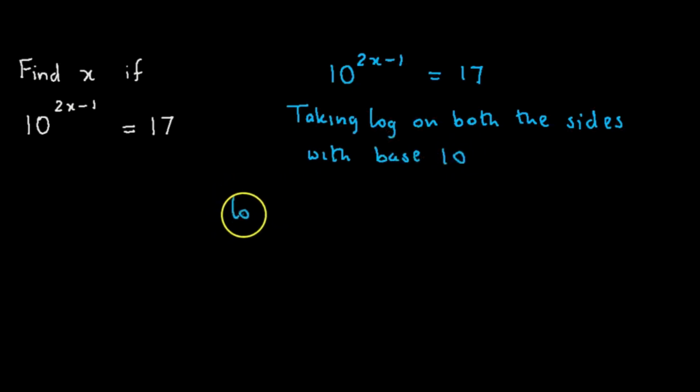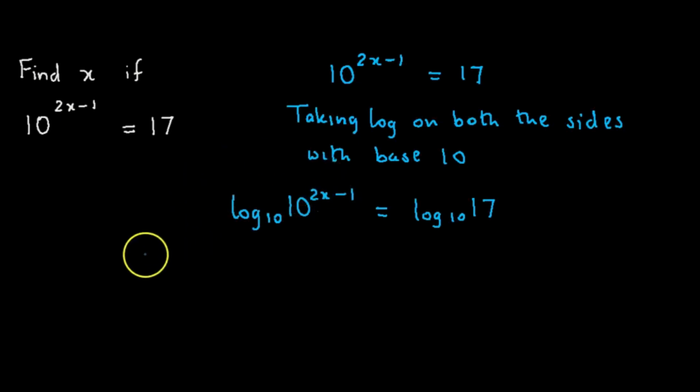So लेफ्ट हैंड साइड में आ जाएगा log of 10 raised to 2x minus 1 to the base 10, and राइट हैंड साइड पर भी आएगा log of 17 to the base 10. Now this is of the form log of a raised to b, so this becomes b log a. ये जो पावर है ये आगे ट्रांसफर हो जाएगा.